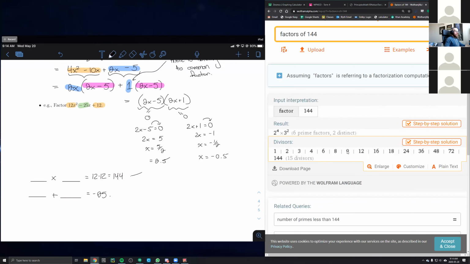So again, 144 is a challenge because there's a lot of factors to it, right? If you were to go through and write out all the factors, you'd be sitting there for a while, right? 2 and 72, 3 and 48, 4 and 36, 6 and 24. Okay, so on and so forth until you get to 9 and 16.